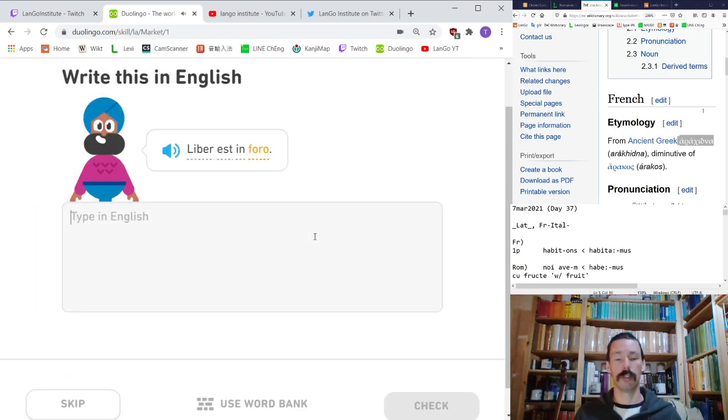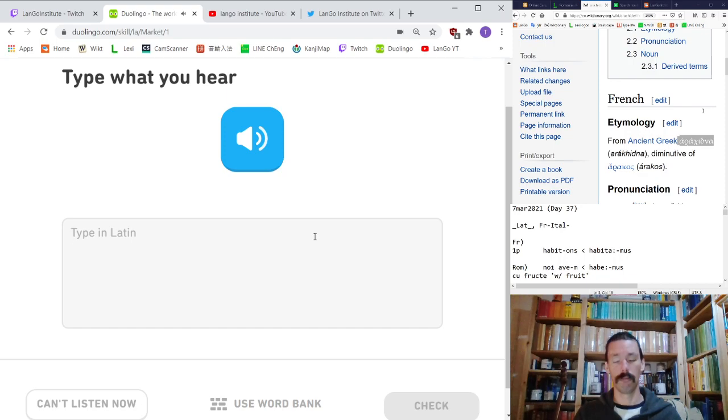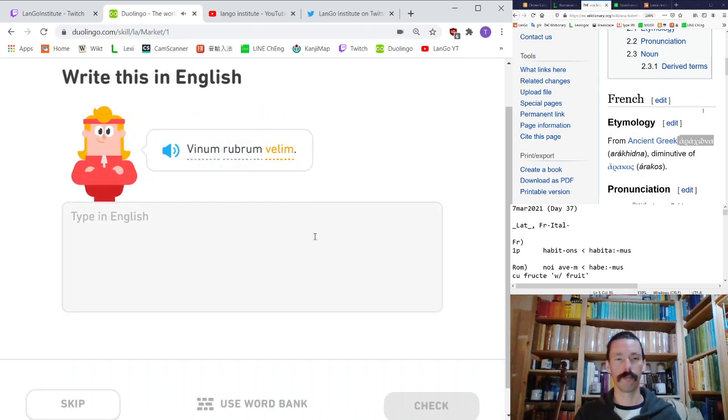Liber est in foro. A book is in the forum. Velisne vinum rubrum? Ne, that's it. Vinum rubrum. Lovely sounding. Do you want red wine? Vinum rubrum velim. Would like.